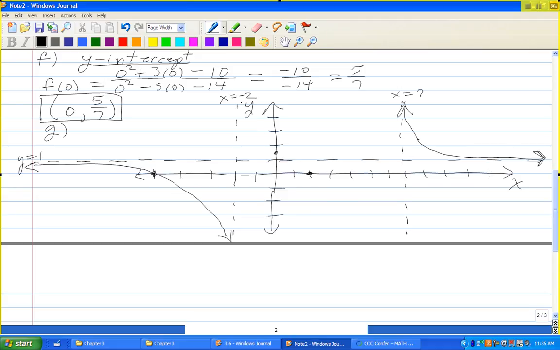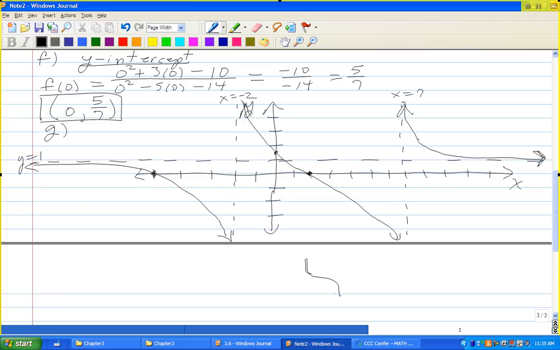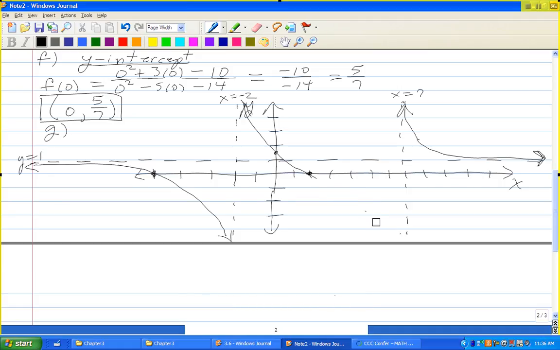So it's going to look something like, well, okay, it's approaching. It goes like this and like that. It approaches the asymptotes. But maybe I'll just exaggerate it then.